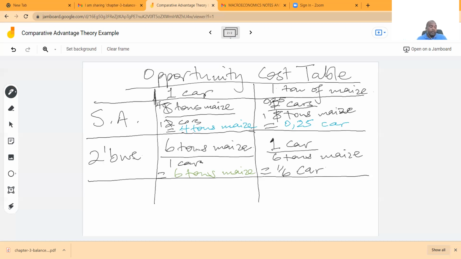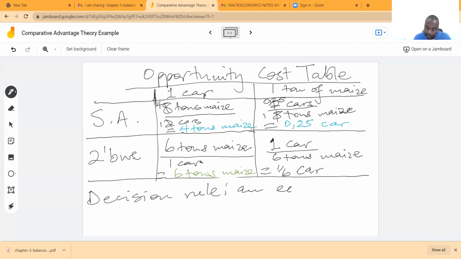And then the next step is the decision rule. How will these two economies specialize under the Ricardian analysis? We go to the decision rule. The decision rule is that an economy specializes in that commodity in which it has a lower opportunity cost ratio.